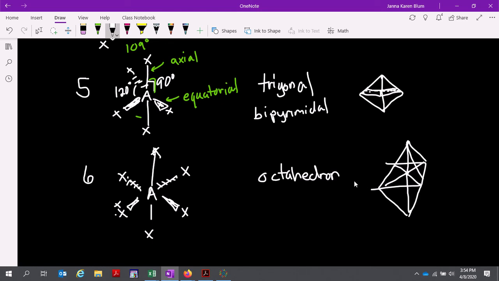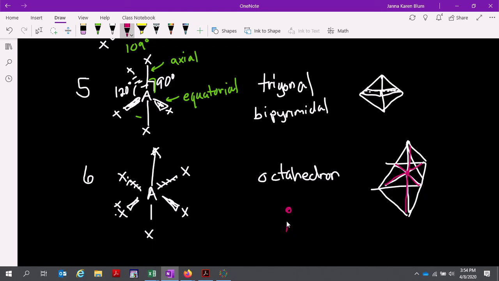Kind of like so. I think of this one kind of looking like a jacks, if you can visualize that.